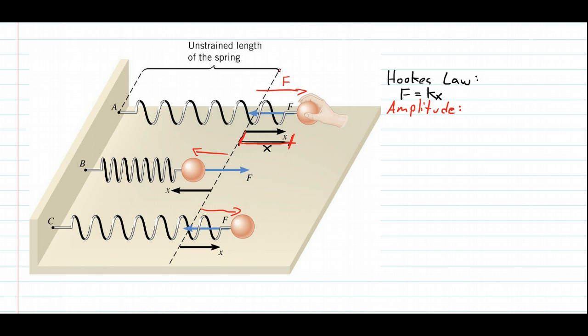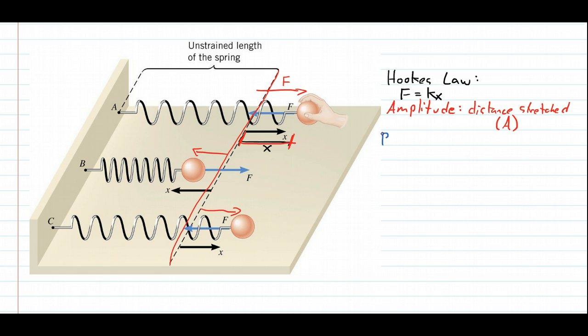The equilibrium position is actually represented by this dotted line right here, and that's the position that the object will naturally come to rest at. So its position before you do anything to the system. So this amplitude is basically the distance stretched. And a lot of times we'll abbreviate it with a capital A.